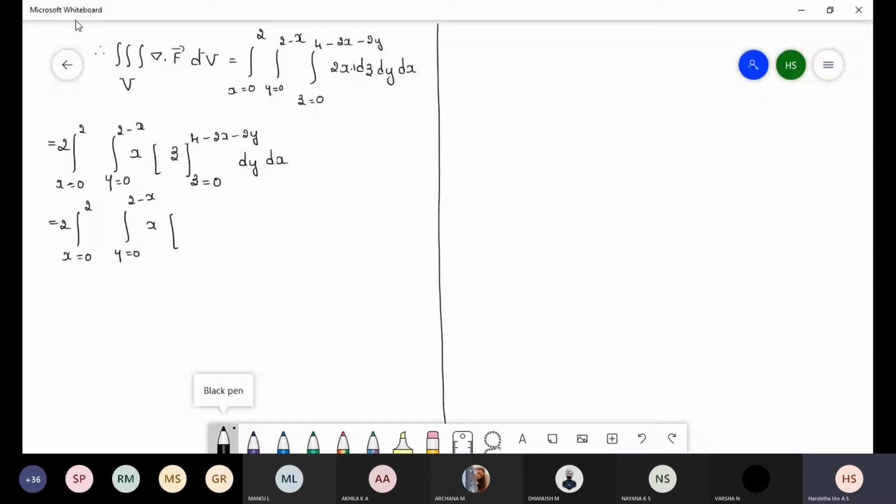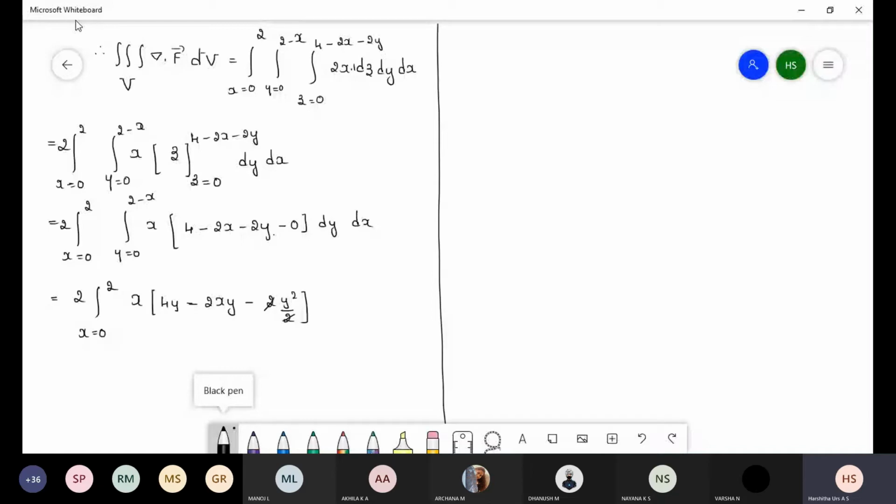Next, I will do the integration with respect to y. So I write this x as it is. So 4y minus 2xy minus, with respect to y, means 2y square divided by 2. 2 will get cancelled. Limit varies from y is equal to 0 to 2 minus x into dx.